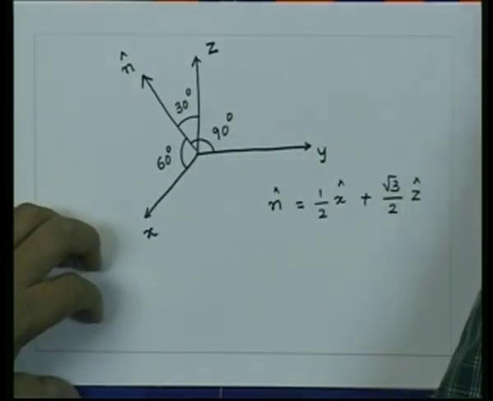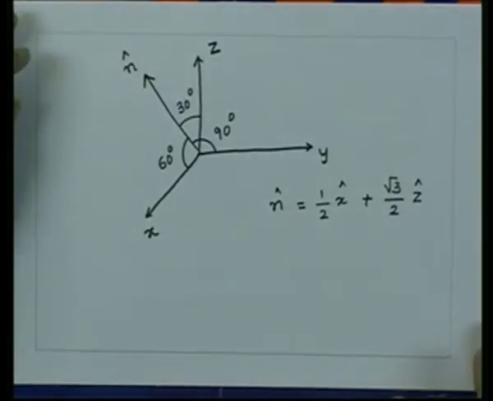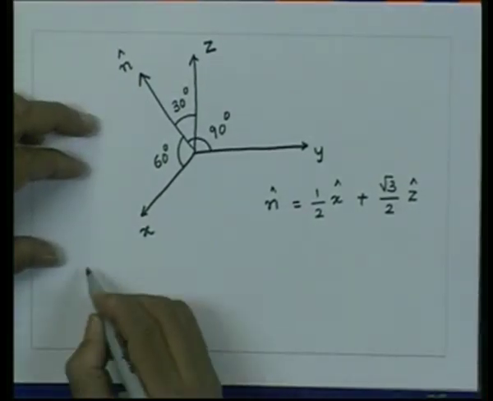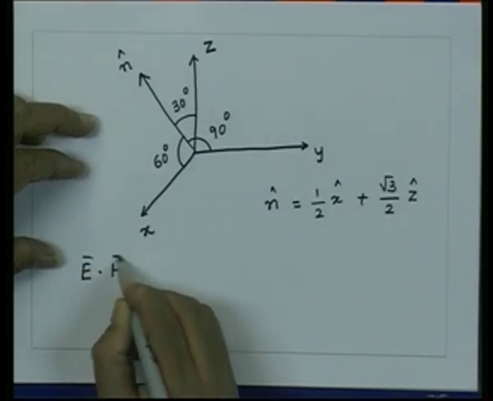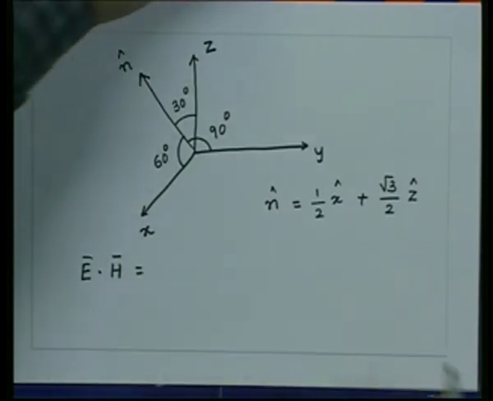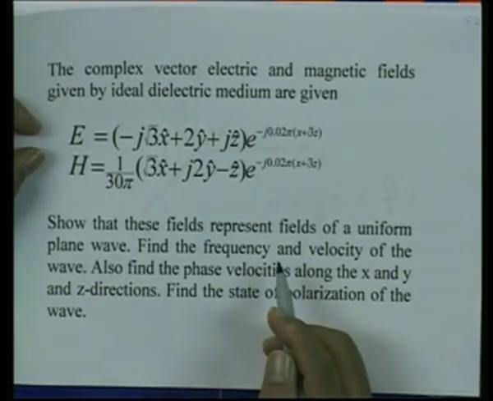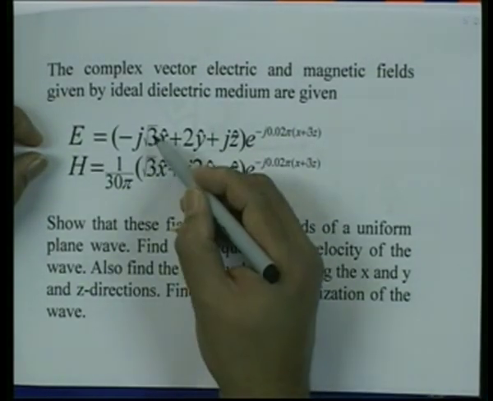So, for this we can take the dot product of E and H. So, we get E dot H, that is equal to, if I take from here, we will get the dot product of these.